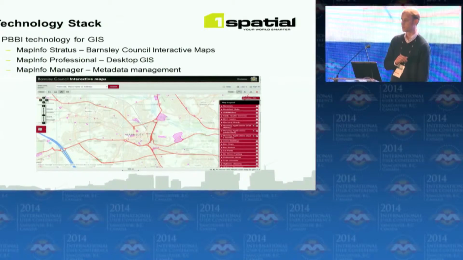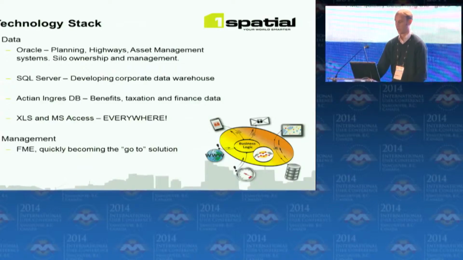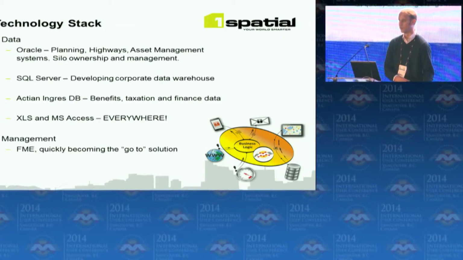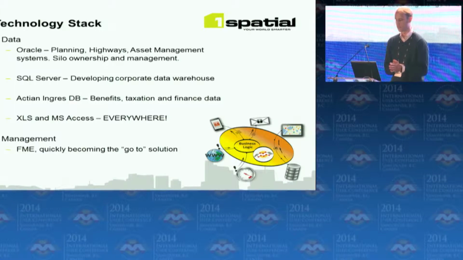Barnsley has a very focused Pitney Bowes stack. They use MapInfo Professional, they use Stratus Online, and they have data in a number of different locations. Quite a lot of their traditional data is in the Oracle environment, but they're at the moment moving over to SQL Server. They also have a significant amount of data in non-spatial or tabular environments.